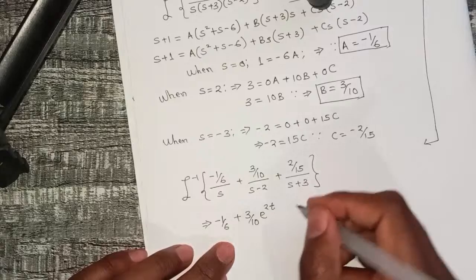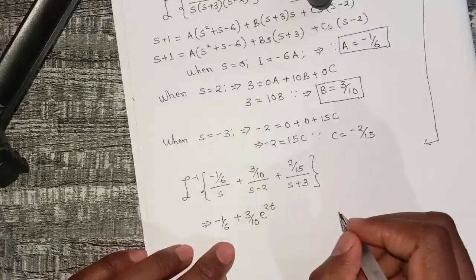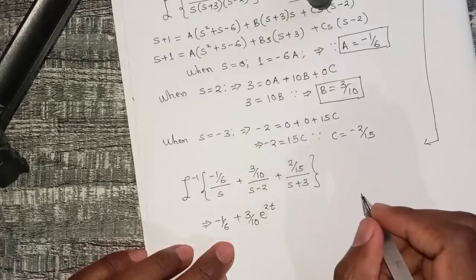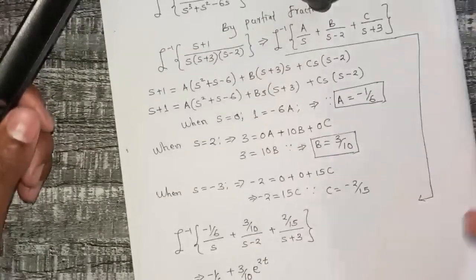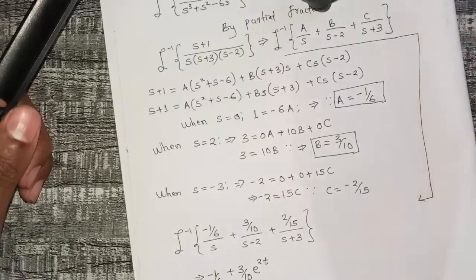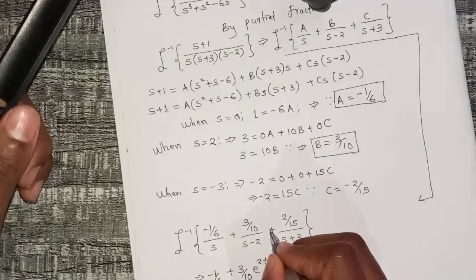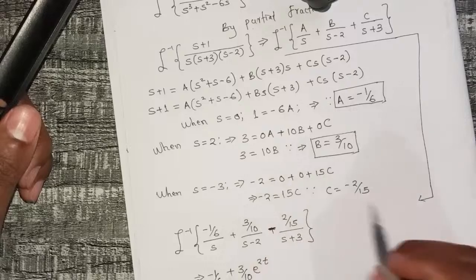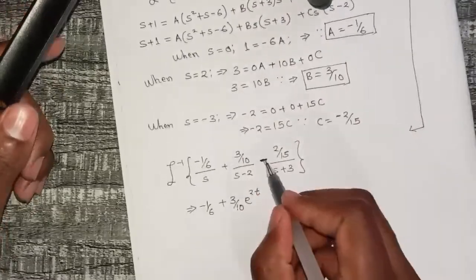And there's somewhere where we messed something up. Oh yes, here. This is supposed to be negative, because of the minus 2 over 15 here.